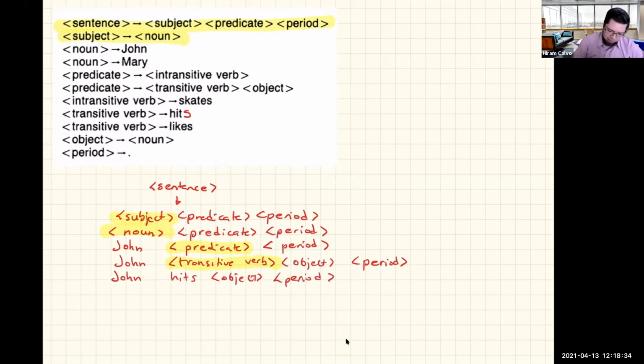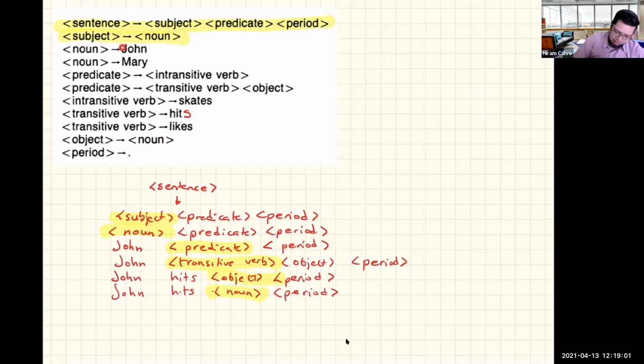Okay. We continue this process now with object, and we have only one rule for object. So we take this one, John hits, rewrite object as noun, and rewrite period again. And if we want to see what is a noun, we have only two different nouns here.